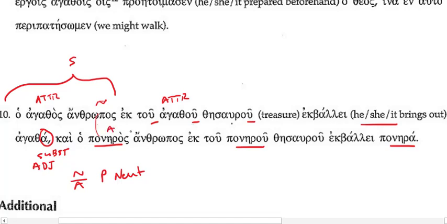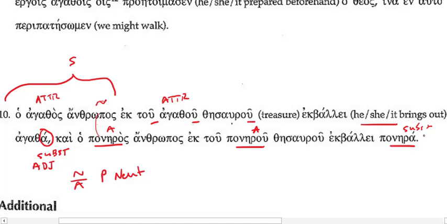It's attributive. This one is also attributive. This one is the object of the verb. It's substantival, right? So how will you translate this, Taylor? Evil things. Or go back to the beginning. Oh, sorry. The evil man from the evil treasure brings out evil things.